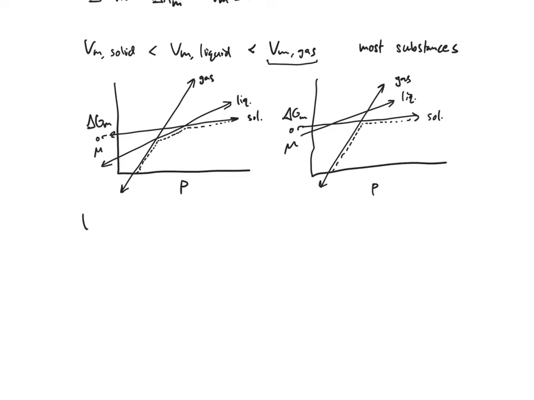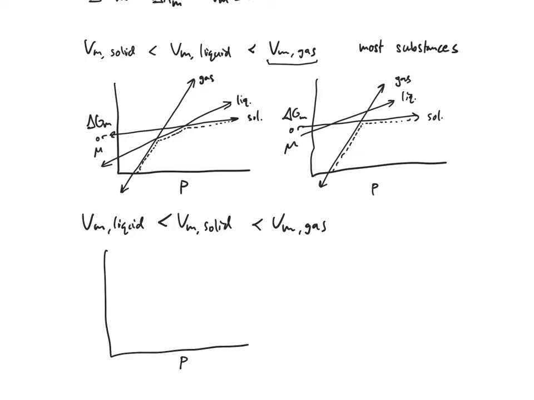Now, of course, for the situation where we have Vm liquid is the smallest, followed by solid, followed by gas, then we're going to have a different curve. Pressure down here, Gm or mu.